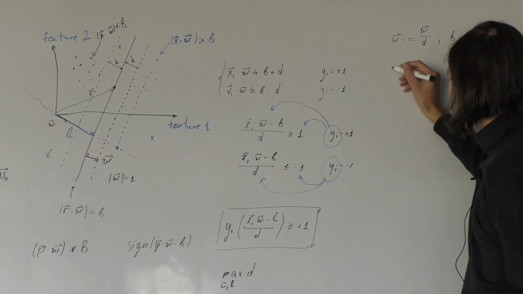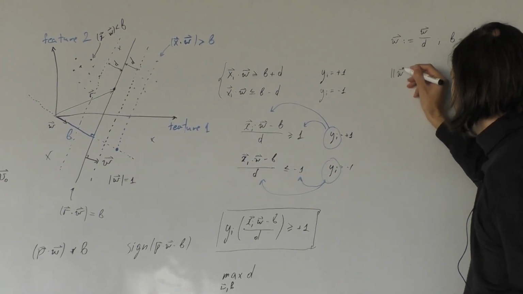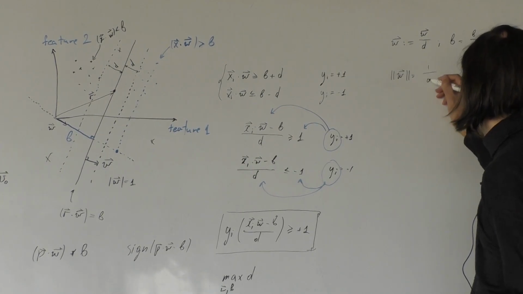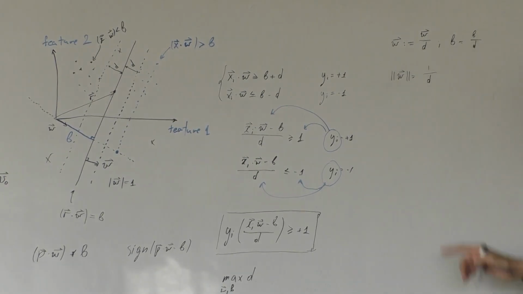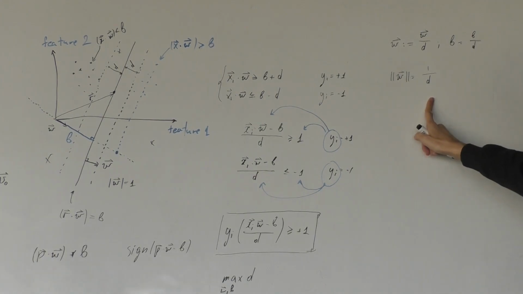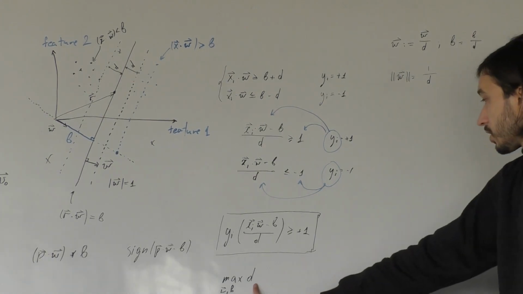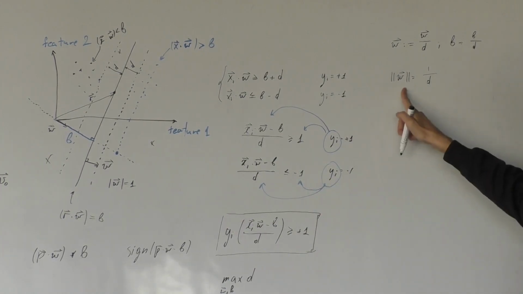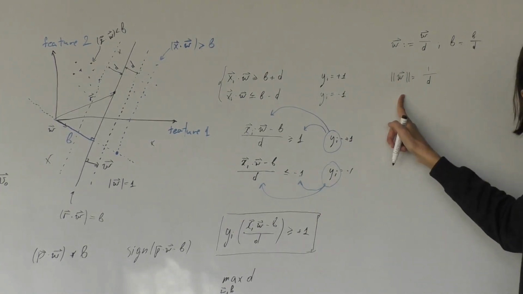Now my norm of the w is equal to 1 over d. So maximization of the distance d means the minimization of the norm of w.